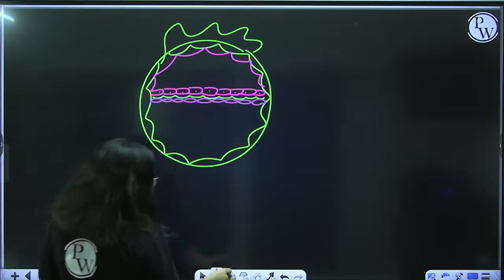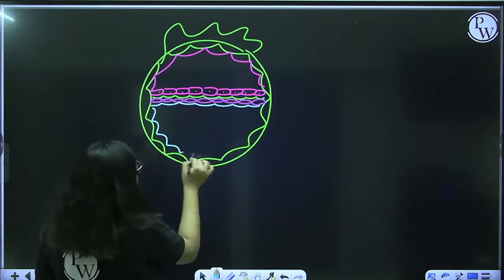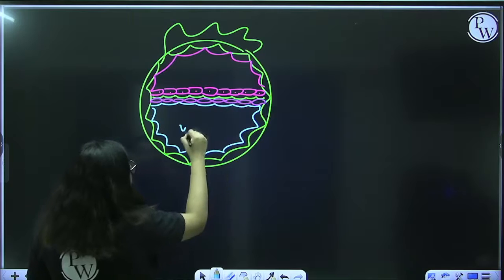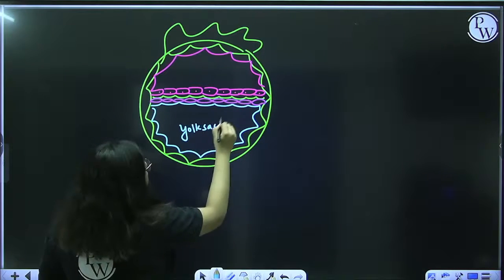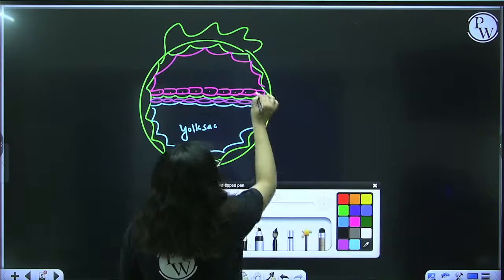So three germ layers are formed. Here we have yolk sac, the hypoblast and yolk sac. Okay, so as you can see in this diagram, three germ layers are present which have been formed from epiblast.